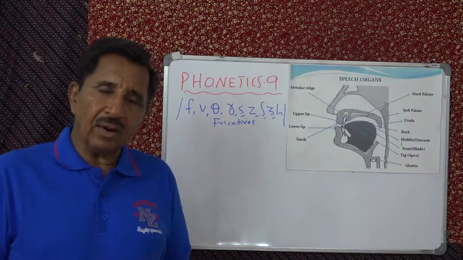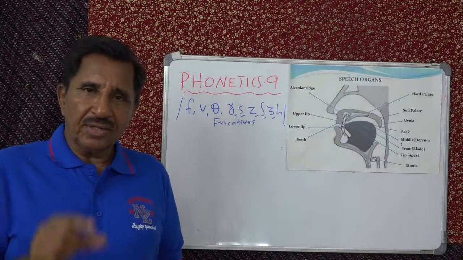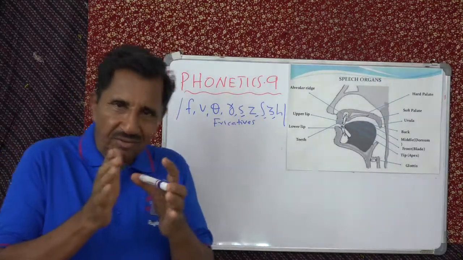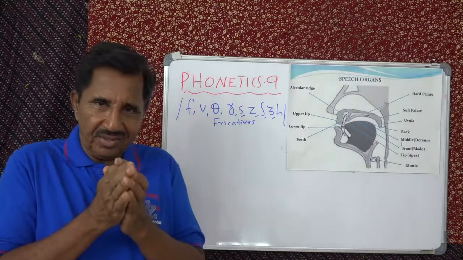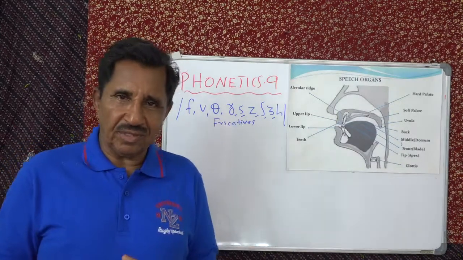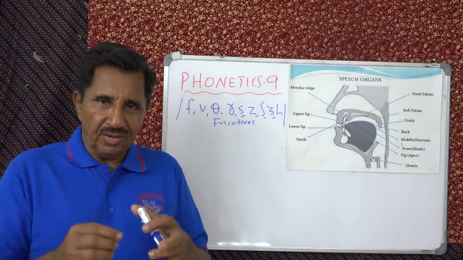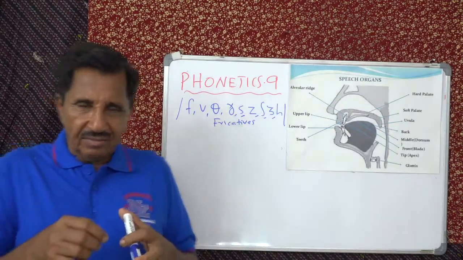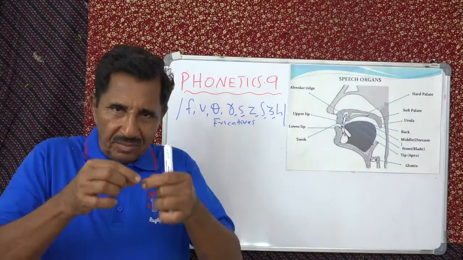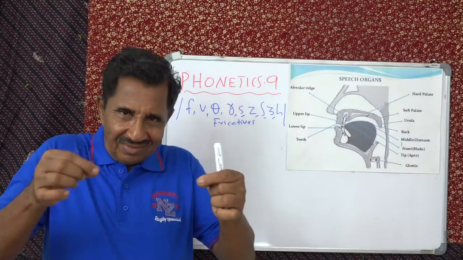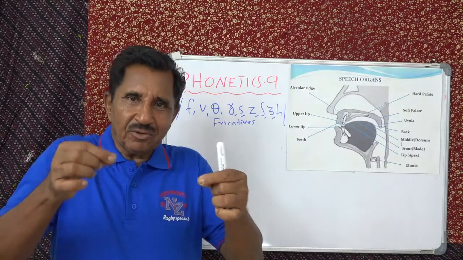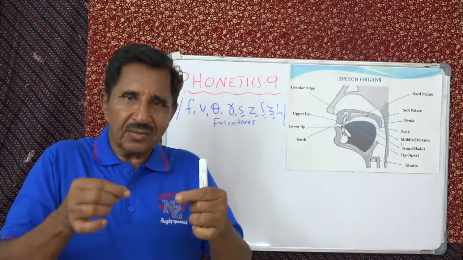How do you hear the friction sound? When the mouth passage or any passage of air is narrowed, then you hear a friction sound. For example, a balloon. You take a balloon and then inflate it. After that you pull the neck from both sides. Then it will be narrowed. You will hear a sound like this, no?